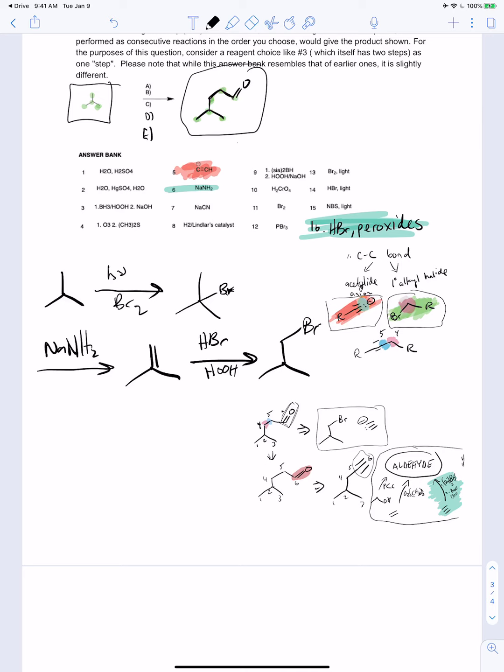And then I know that I can take a primary alkyl halide and I can combine it with an alkyne, or acetylide anion in this case. And that will, in fact, give me something very close to my product. Let's see, so now I've replaced that carbon.